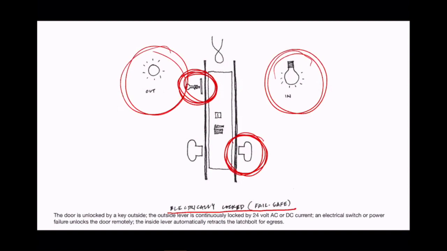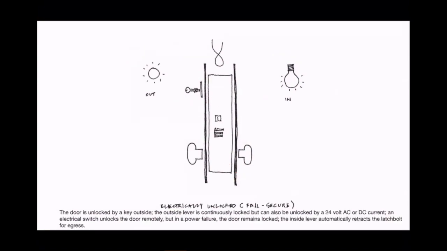Now, as you might imagine, there are some buildings that we don't want to be reliant on the power grid to make sure that no one can get in. So in that situation, we have an electrically locked door, but we have one that's called fail secure. And again, we have a way to get in with a key from the outside. We have a way to leave without a key from the inside easily.